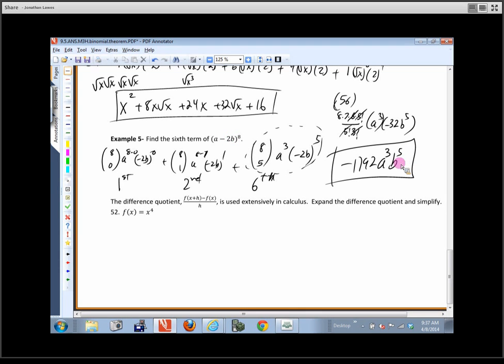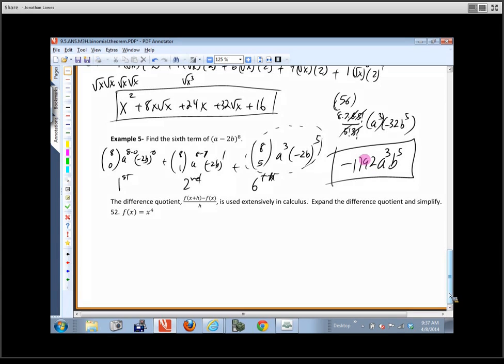And if you think about the way these count down, there are 9 terms altogether. We've got the 6th one. The 6th one should count with a 3 because the 7th one's going to be to the 2nd. The 8th one's going to be to the 1st, and the 9th one's going to be to the 0 power. So isn't that going to be 3rd from the end, or the 6th one in the list of 9? Does that make sense? Okay. Kind of a relatively easy problem, but kind of in code.